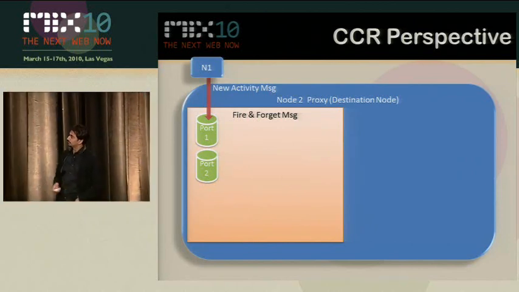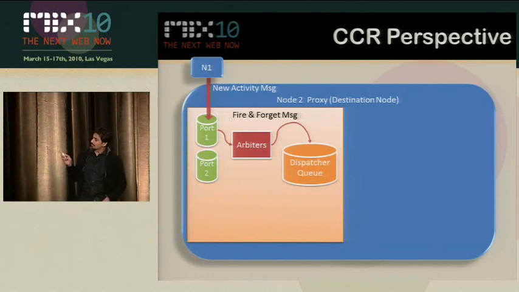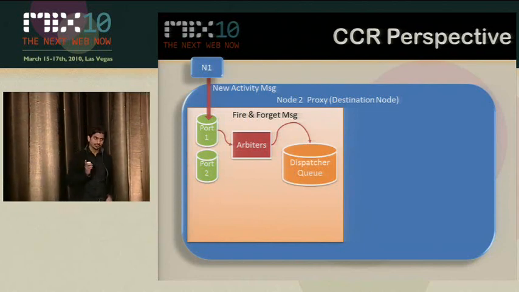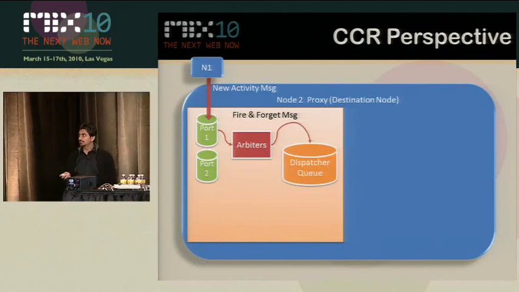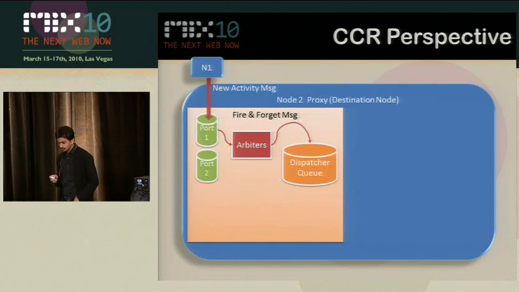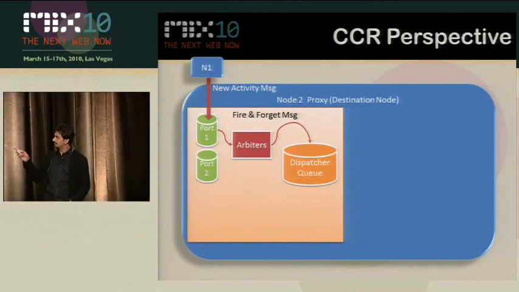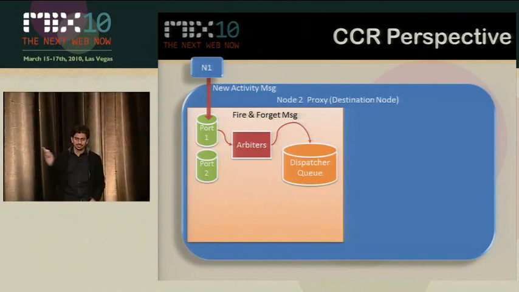We have the concept of arbiters and dispatcher queues. What are arbiters? It's a mechanism to coordinate activity between ports and dispatcher queues. Then what's a dispatcher queue? That's where you put a task so it gets scheduled. It's just a queue full of delegates, really.